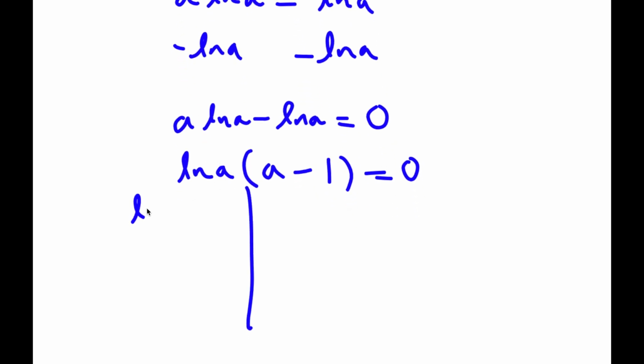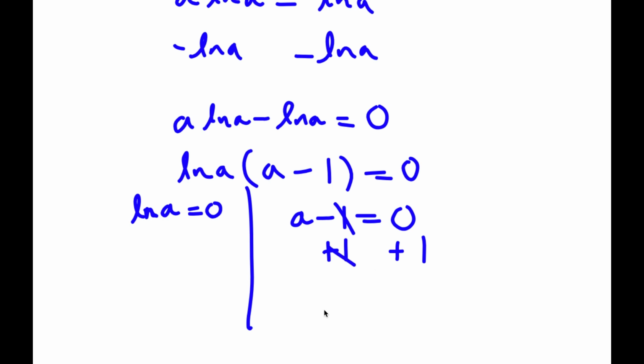I have ln a is equal to 0, and I also have a minus 1 is equal to 0. For a minus 1 equals 0, all I have to do is add 1 on both sides, and I get a is equal to 1.